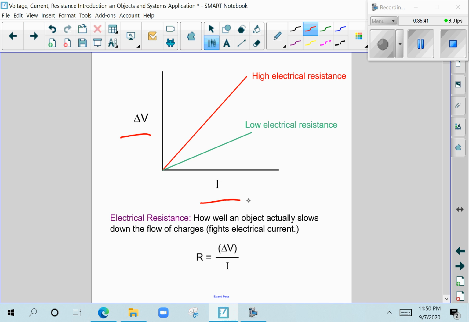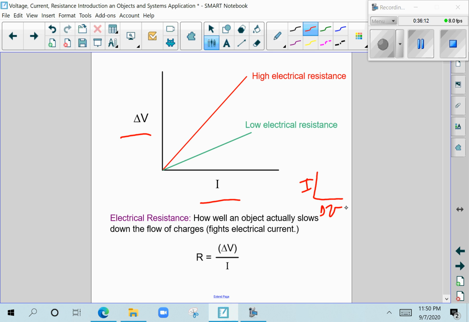Do be careful of your graphs. Notice what is your y-axis, what is your x-axis. If we have reversed the axes, where this is current versus electric potential or voltage, then the lower slope would actually have the higher resistance, and the larger slope would actually have the lower resistance.